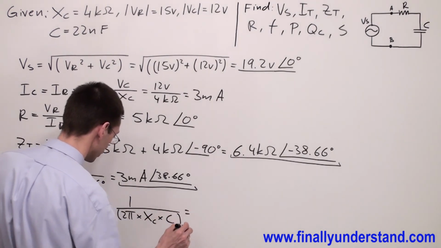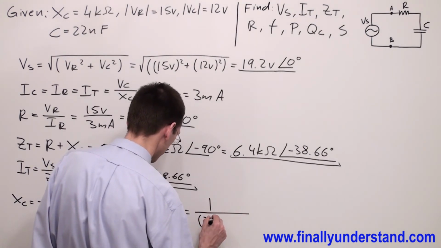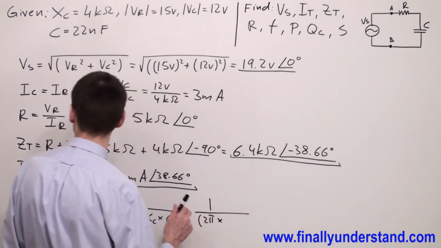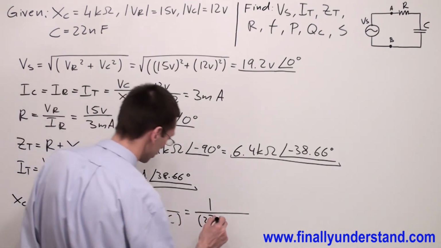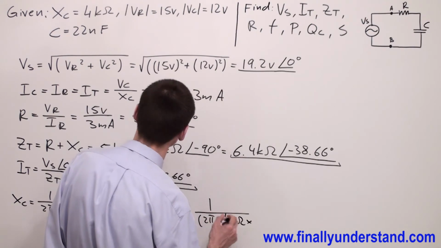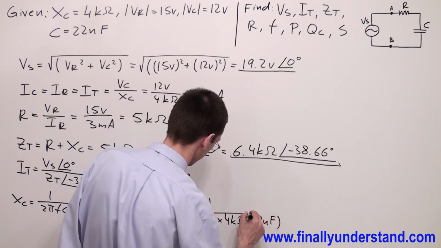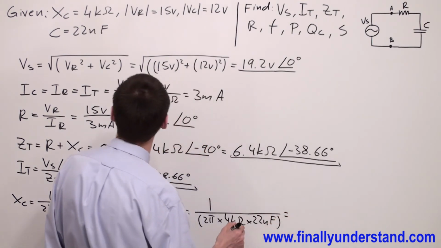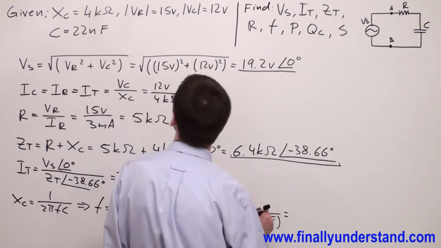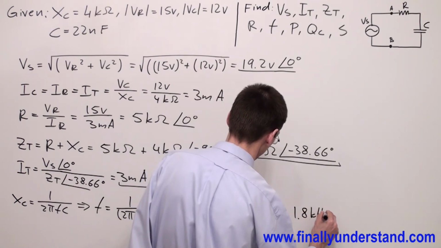This is equal to 1 divided by (2 pi times X of C, which is equal to 4 kiloohms, times C, 22 nanofarads). Frequency is equal to 1.8 kilohertz.